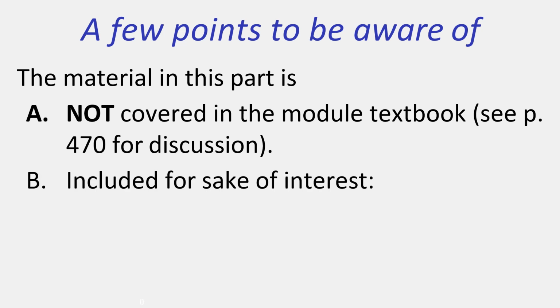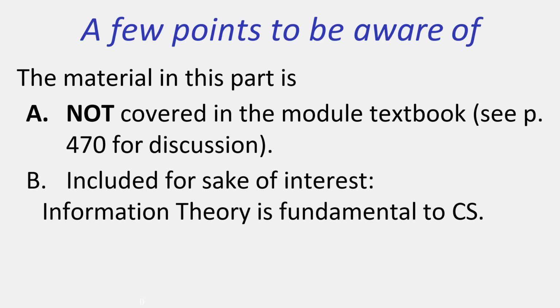It's included here for the sake of interest. Information theory, as I said at the start, is a fundamental, very important area of computer science. Personally, my feeling is it's something that should at least be introduced in first year.